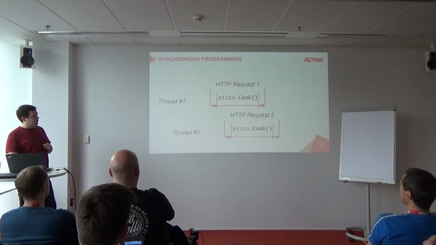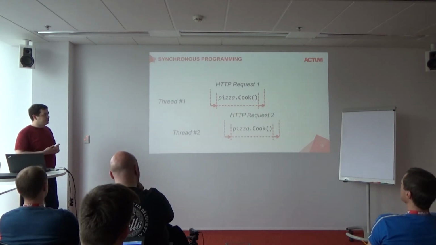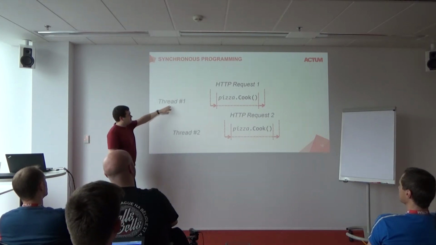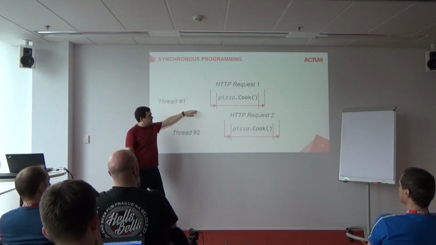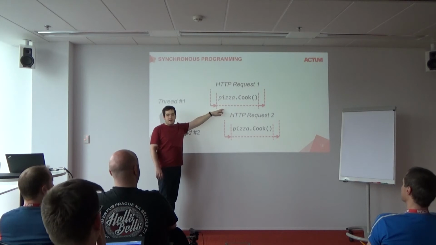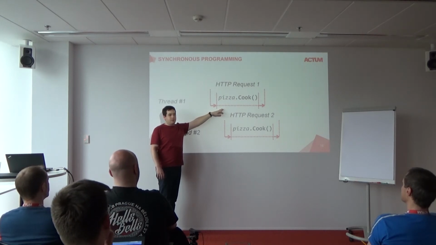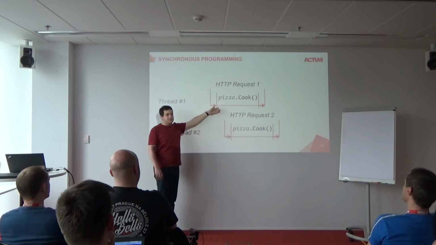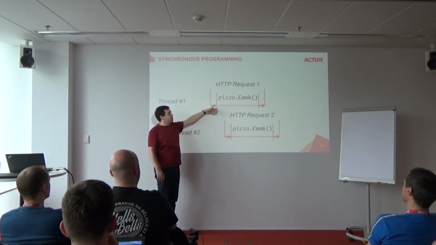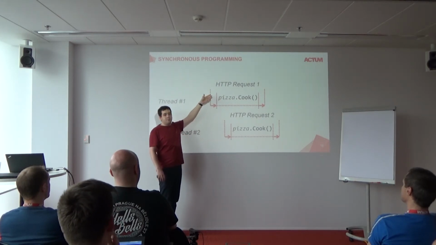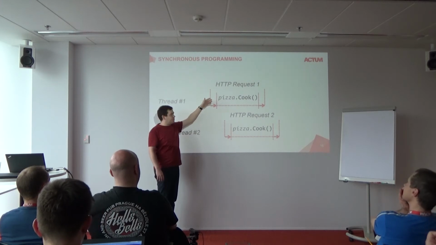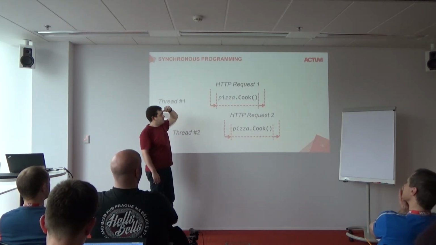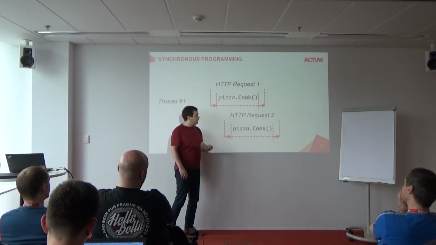Another approach is, for example, in HTTP applications. In HTTP applications, you've got a thread allocated for your request, and then, for example, 90% of the time you are waiting for some blocking method to be completed. You can also create another thread, but it will not help you a lot, because the problem is that you are blocking a thread, and you don't need to block a thread at the time you are just waiting for something.